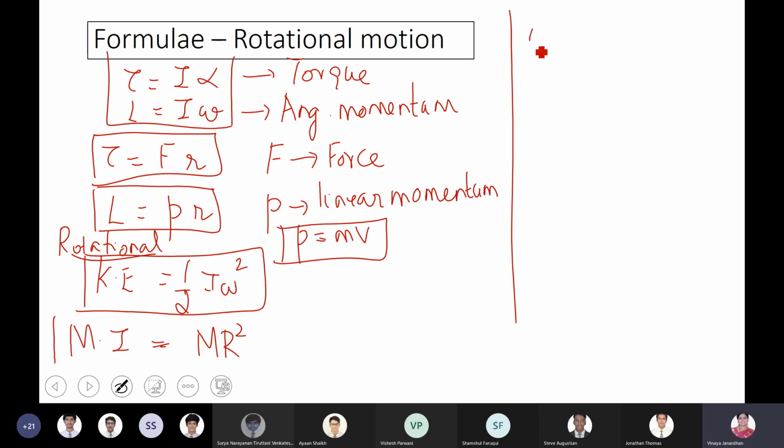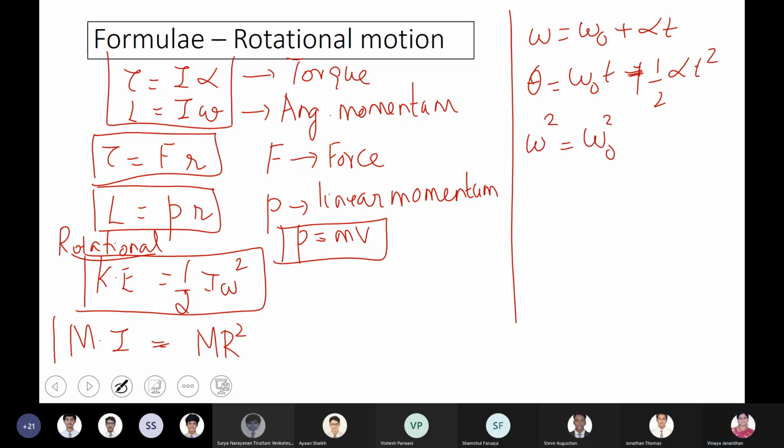So that is omega is equal to omega naught plus alpha t. Then angular displacement is half alpha t squared, that is S is equal to UT plus half AT squared. Then V squared is equal to U squared plus 2 a s. These are the equations of motion.